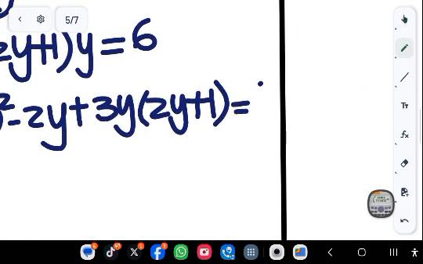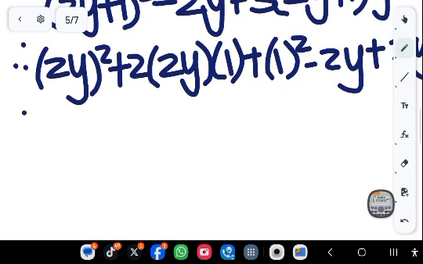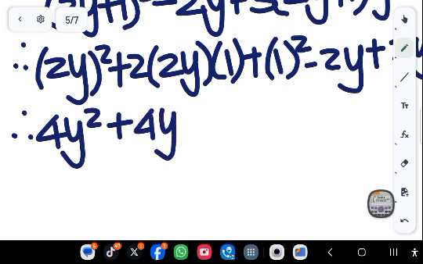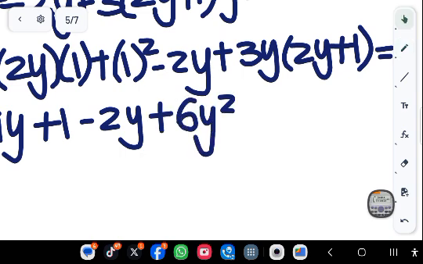We just want to make this easy to follow. Now let's expand. Plus 4y plus 1 minus 2y plus 6y squared. This is 6y squared plus 3y equals 6.